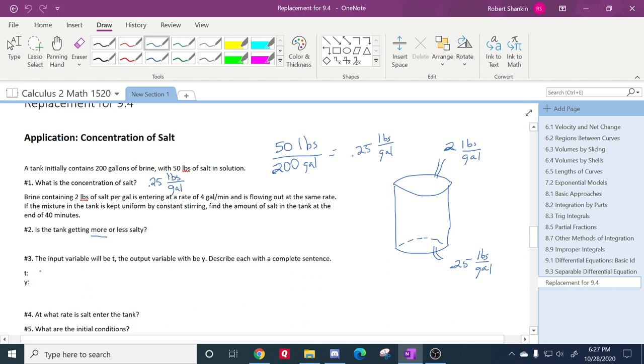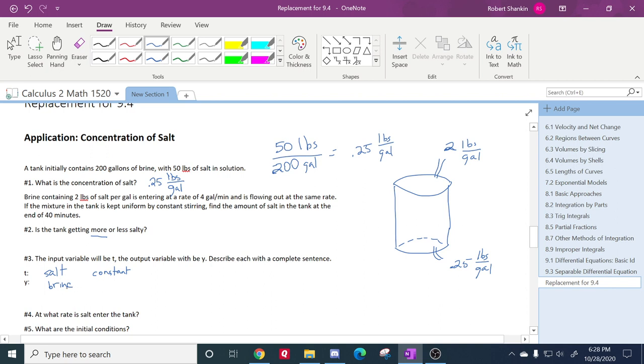Someone else said T is a constant at which salt is added to the system. I don't know if that means the same thing.